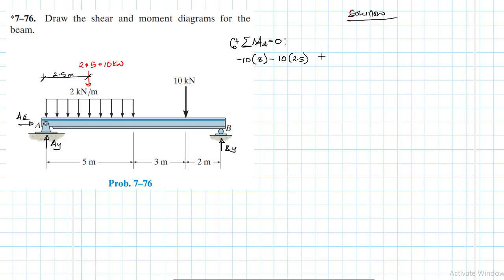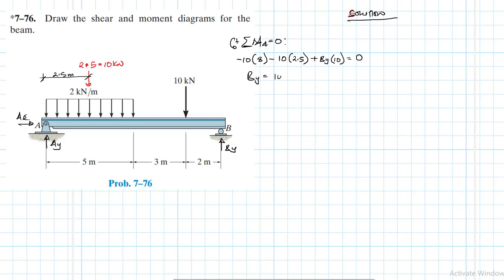We also have a positive moment By times 10 equal to 0. Therefore, our By will give us, on the calculator, minus 10 by 8, minus 10 by 2.5, and then this divided by 10.